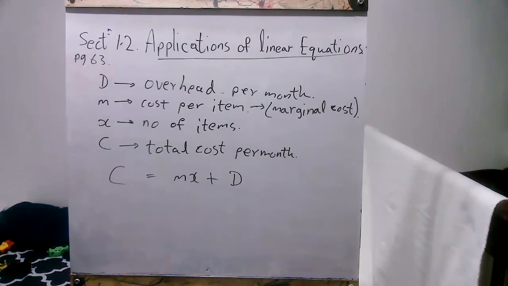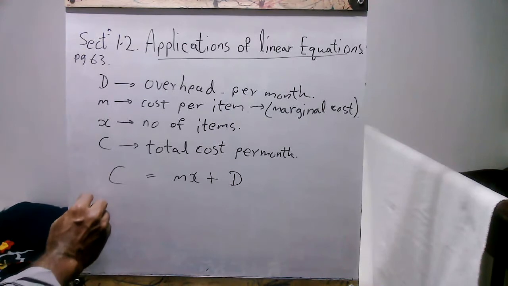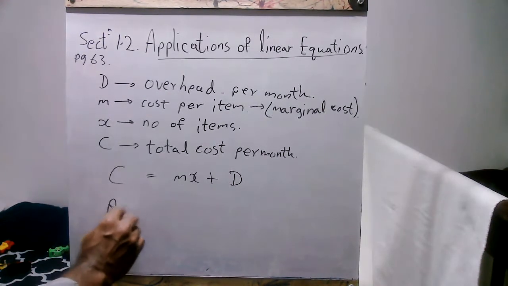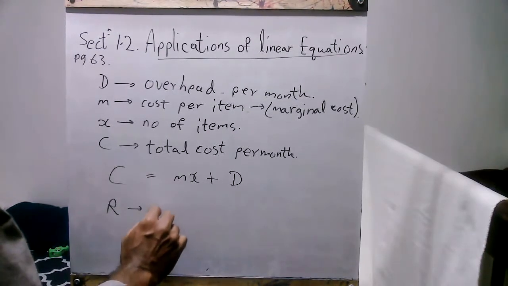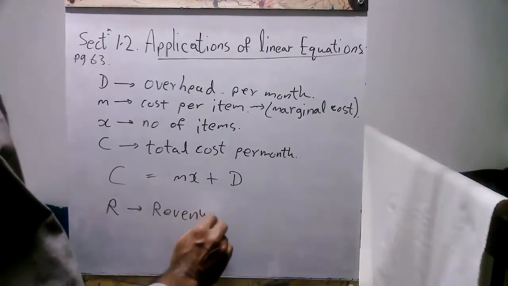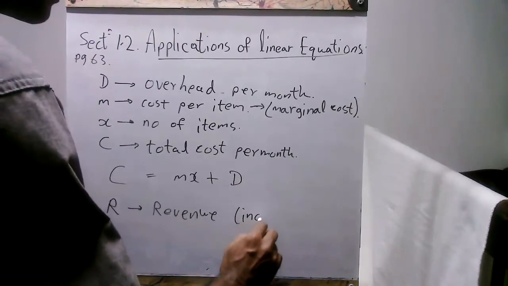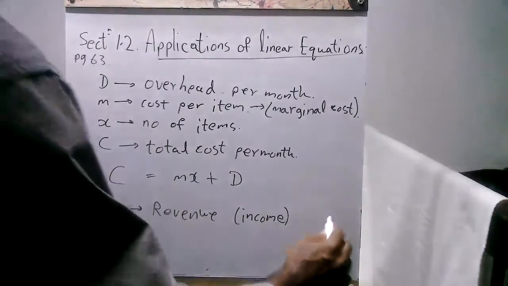Okay, now where does he get income? Income is called revenue. I write down these new terms for you separately. R stands for the revenue. This is like income. This is again per month.